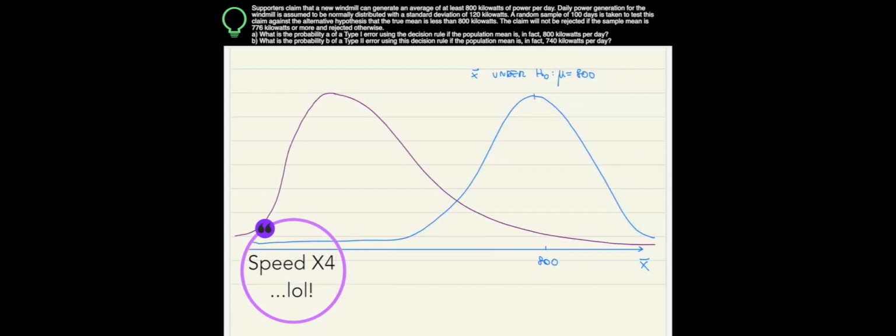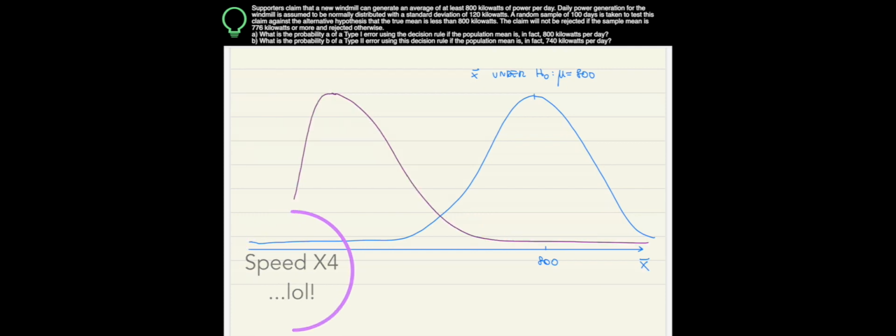All right, it's not perfect, but good enough. So this is the distribution of x bar under H1, the alternative hypothesis that mu is equal to 740. Okay, so let me put 740 here.